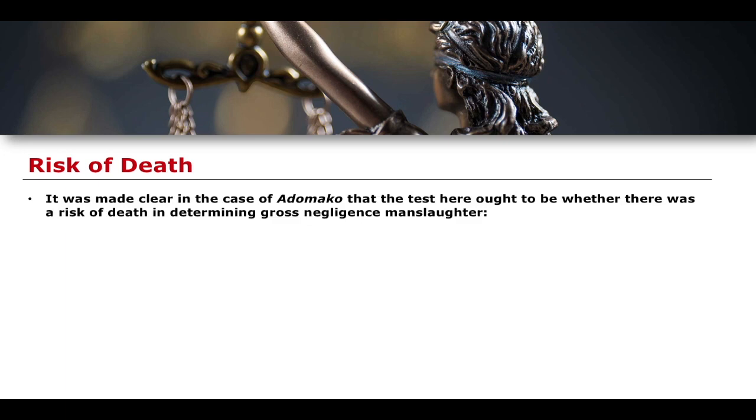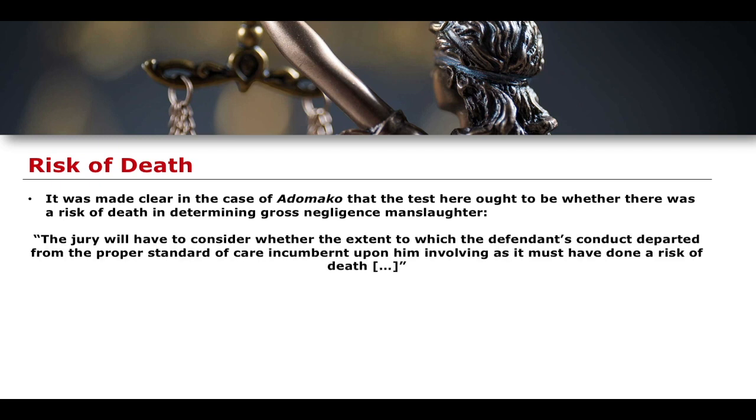Now, risk of death was something that was made clear in the case of Adamako, that the test ought to be whether or not there was a risk of death in making a determination as to whether or not you can make conclusions about gross negligence manslaughter. They say, and I quote, "The jury will have to consider whether the extent to which the defendant's conduct departed from the proper standard of care incumbent upon him involving, as it must have done, a risk of death."